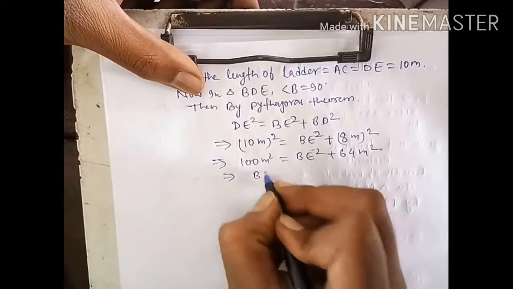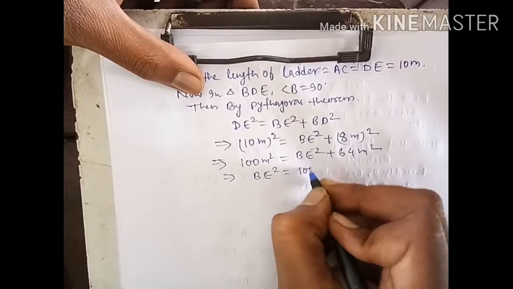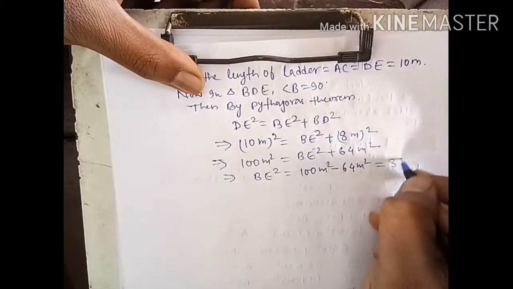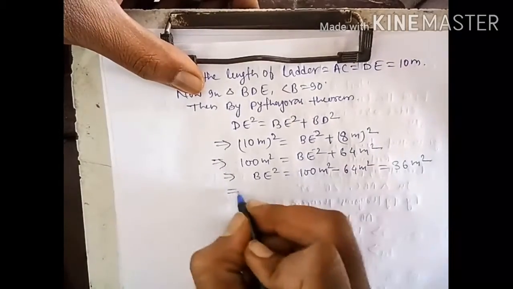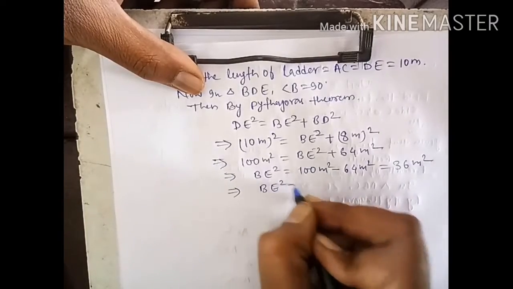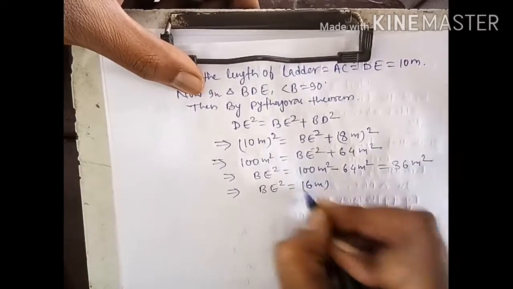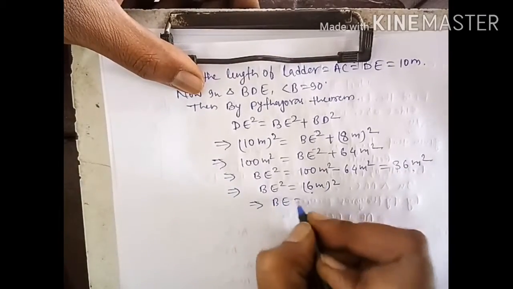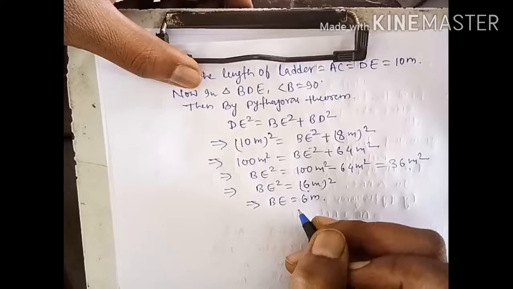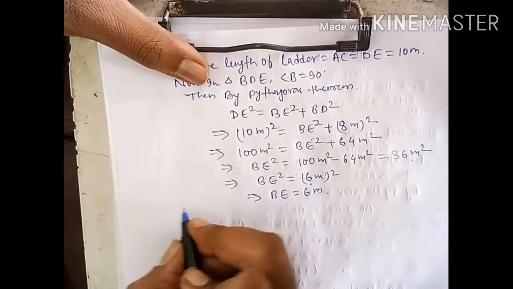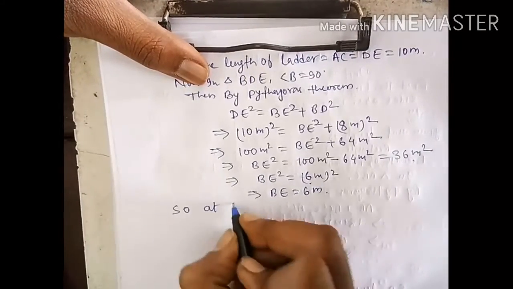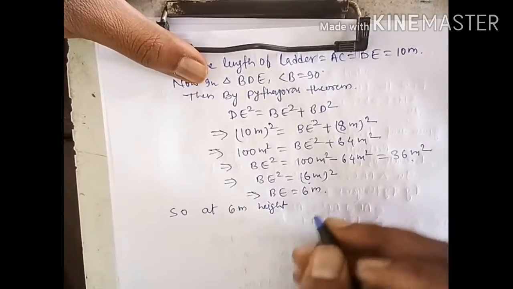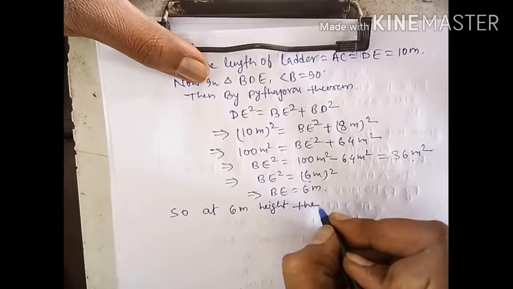So BE square is equal to 100 meter square minus 64 meter square, that is 36 meter square. And we know that 6 meter whole square is equal to 36 meter square. So BE is equal to 6 meter. So at 6 meter height, the top of the ladder reaches.